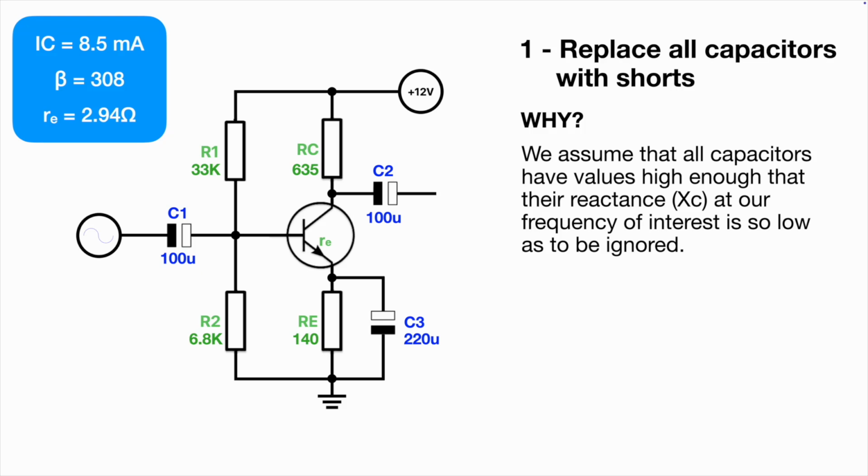Let me just explain what I mean by that. You've probably seen these graphs before. So this is frequency on the x-axis, increasing frequency, and then reactance on the y-axis.